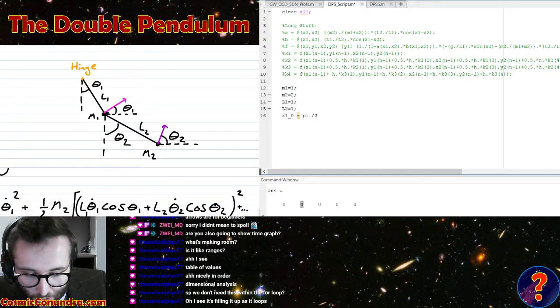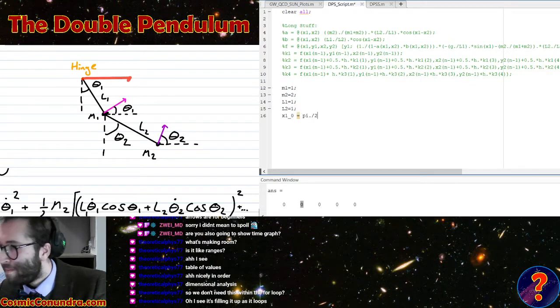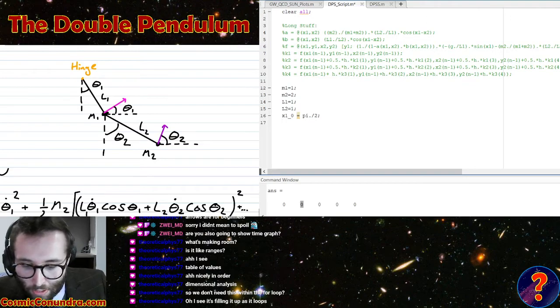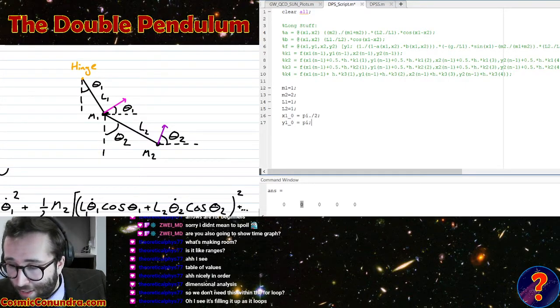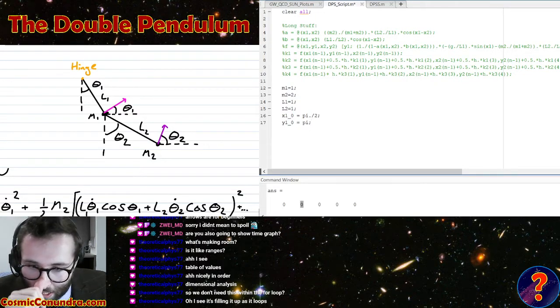So the initial conditions I'm giving, initially I'm having this first pendulum horizontally, and I'm going to give it an initial push. Let's give the first bob an initial angular speed of pi radians per second. So at this initial speed, it would take 2 seconds for it to go all the way around a full circle.